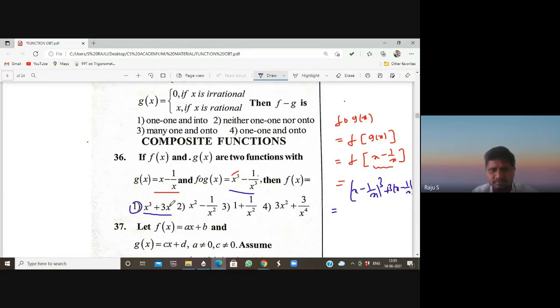Otherwise, can you write x cube minus 1 by x cube like this? a cube minus b cube minus 3ab into a minus b, that is 3ab into x into 1 by x.